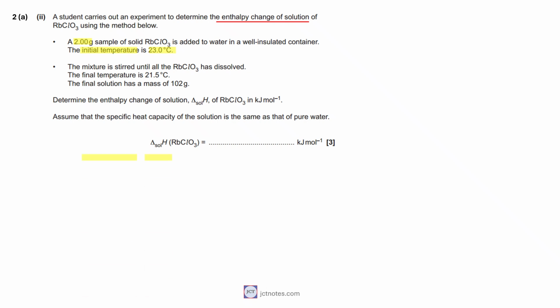The final temperature is 21.5 degrees Celsius. The final solution has a mass of 102 grams. We are asked to determine the enthalpy change of solution of rubidium chlorate(V) in kilojoules per mole. Assume that the specific heat capacity of the solution is the same as that of pure water. This value is given in the provided data sheet for the exam.